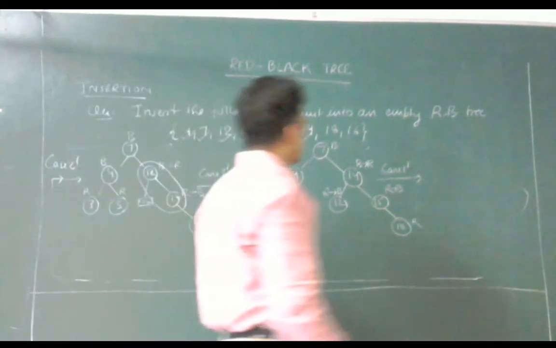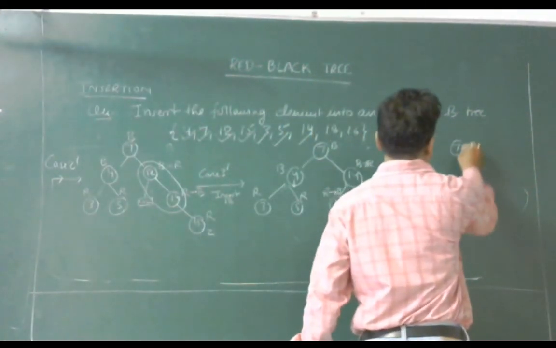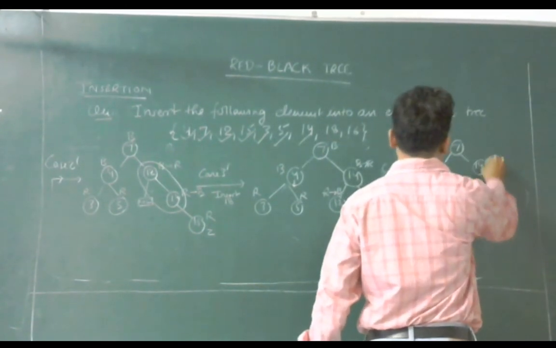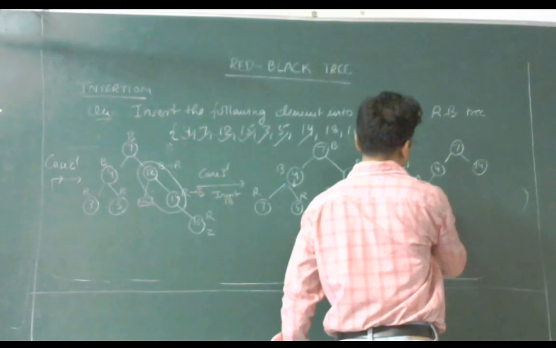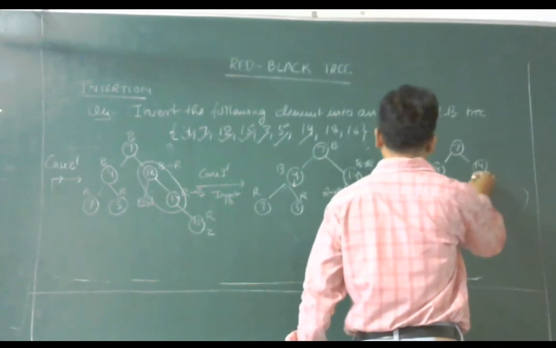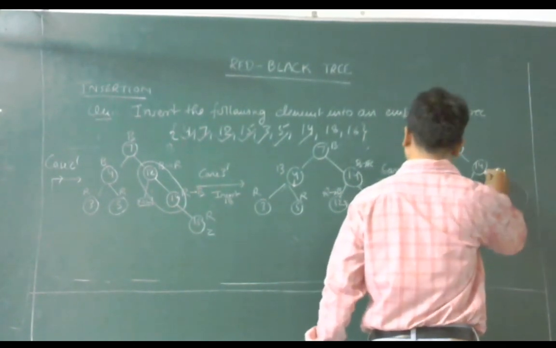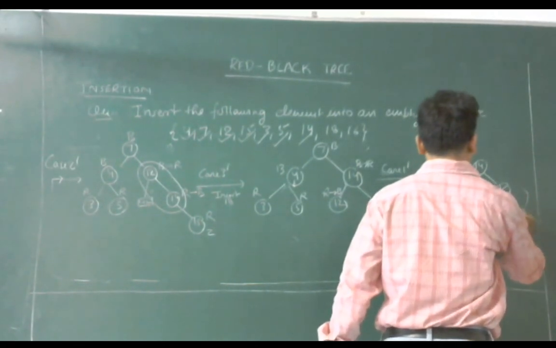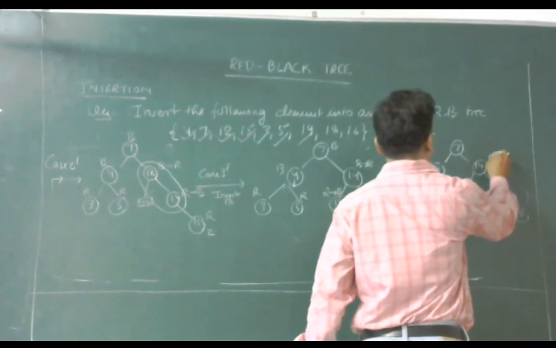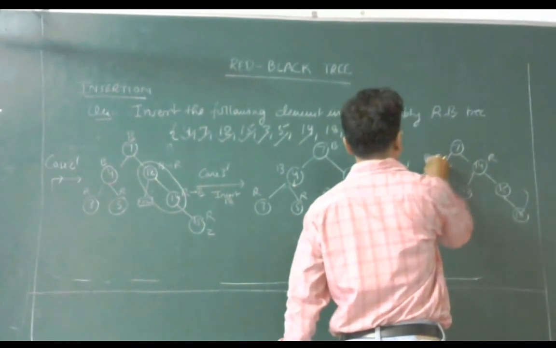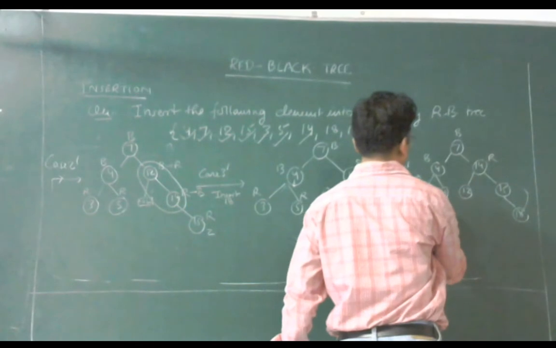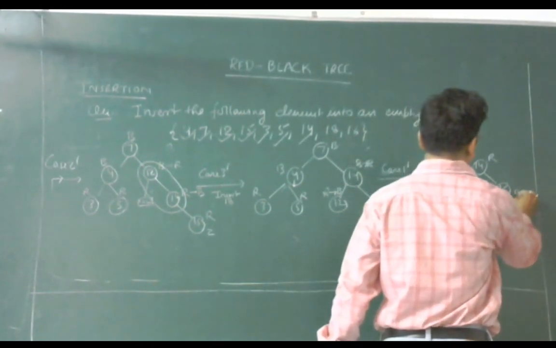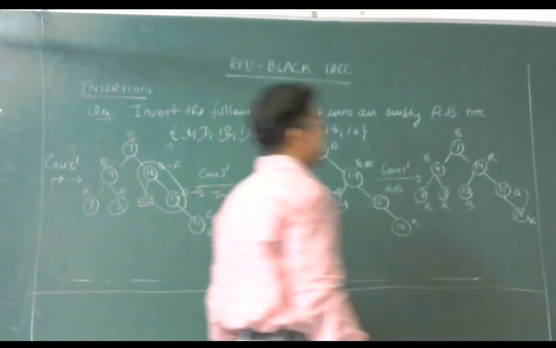So after this, it will appear like this: 7, 4, 14, 3, 5, 12, 15, 18. So this is of red color, black, black, red, red, and this of black color, and red color, right?